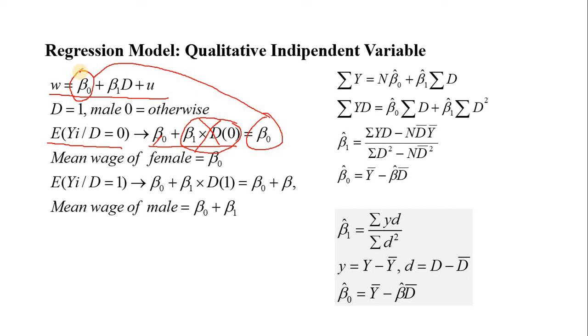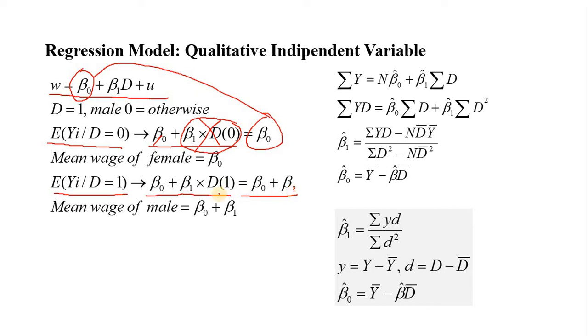Clear? If you have assigned 0 for female, then it will be the average of the female. If you have assigned 0 for male, then it will be the average of male. Then the average wage of those people to whom you have assigned 1, D equal to 1, will be beta 0 plus beta 1 into 1, which is beta 0 plus beta 1.